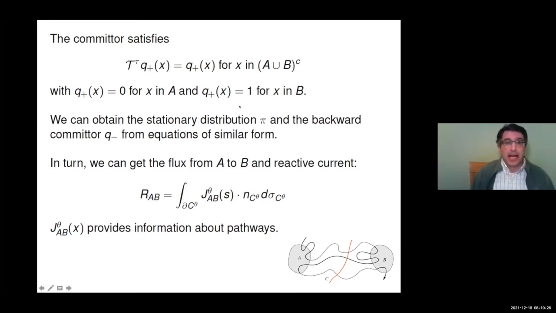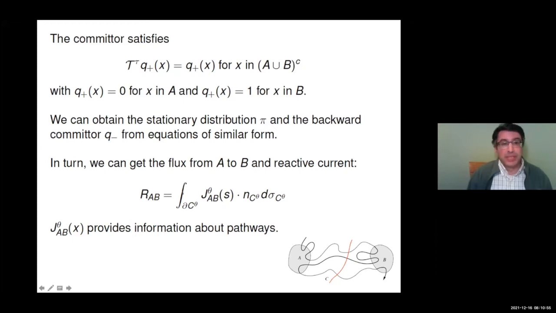Okay. I could write down similar kinds of equations for other kinetic statistics that I might want. The so-called backward committor, that's the probability that I last came from the reactant, and the stationary distribution, so the potential of mean force in effect. If we have those 3 statistics, then we can compute the flux from the reactant to the product.